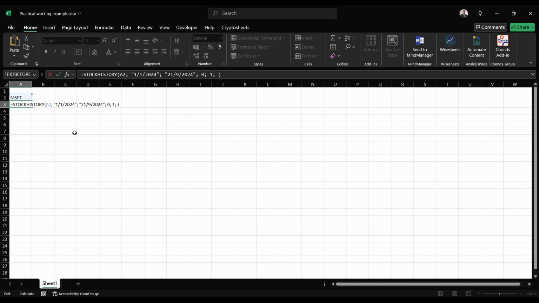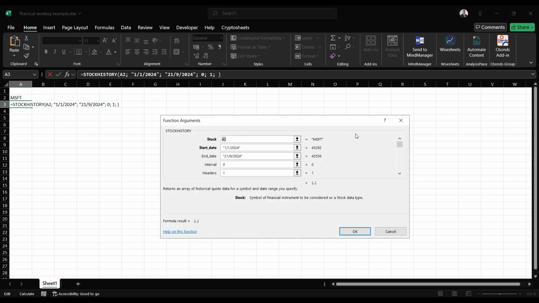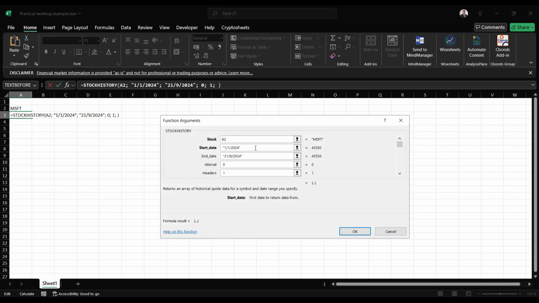So we have to download, say, 250 quotes or close prices usually for this function. And you can see here the description of the function. It's a standard function of Excel, and I guess you can use it as well. So we have to set up the start date.